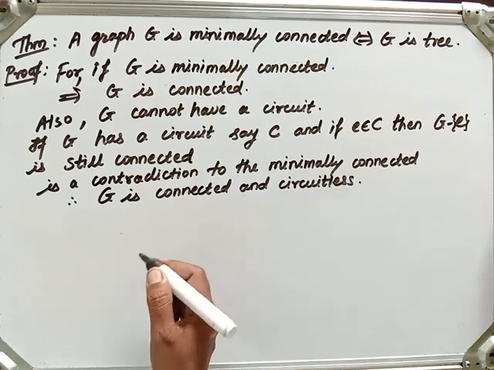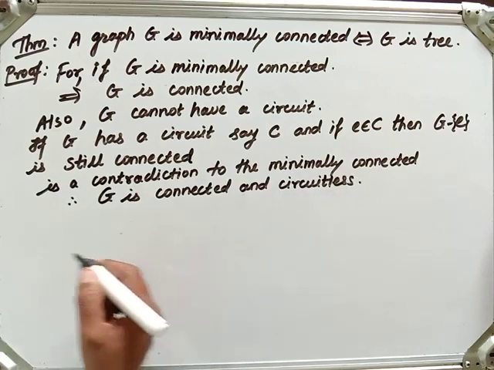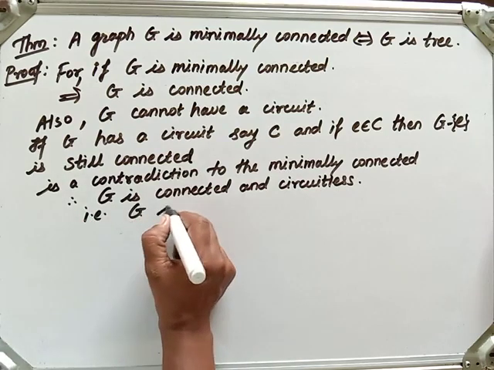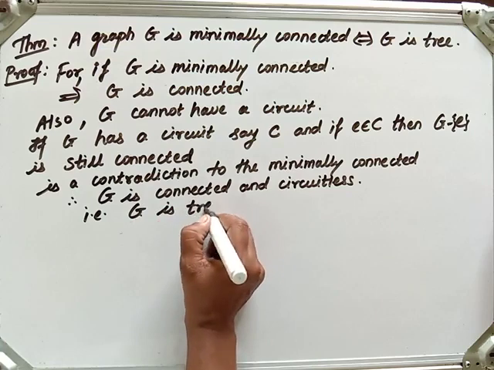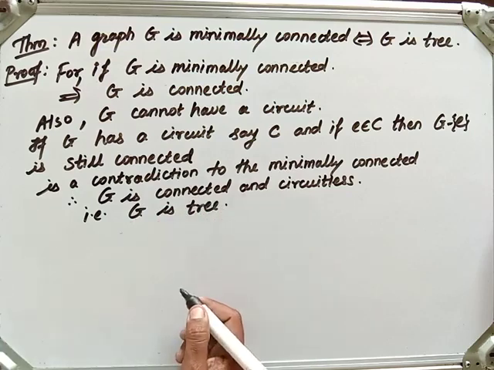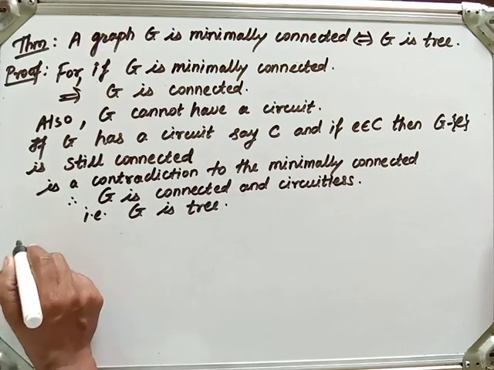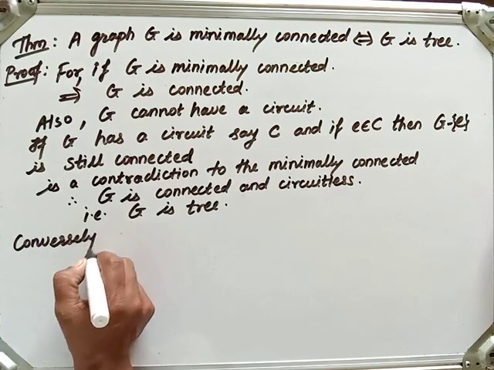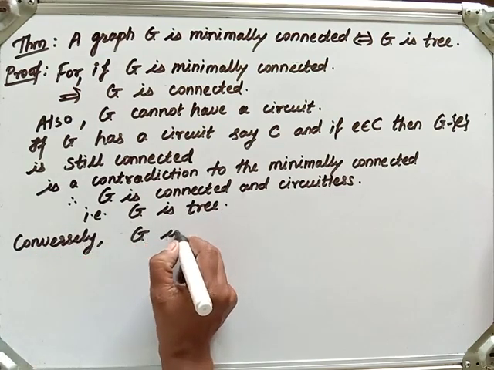On the contrary, now the converse part, that is G is a tree. In the converse part, it is given to us that G is a tree, right? Conversely, G is a tree.